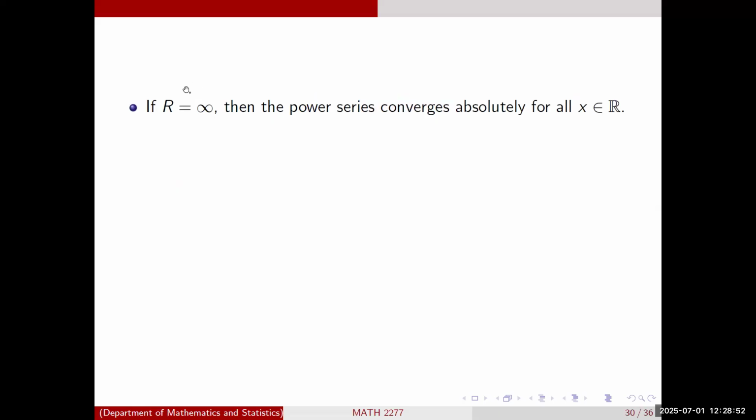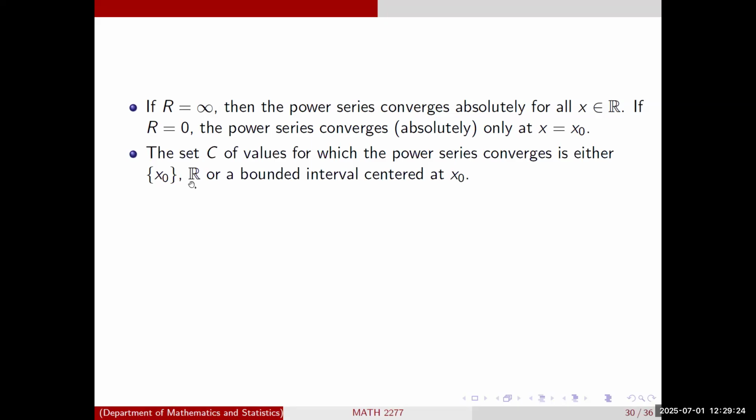Right, so that's discussed over here. If r, which is a limit, works out to be infinity, that doesn't mean you're wrong. Maybe it is infinity. Then the power series converges absolutely for all values of x. If r equals 0, that's the worst case scenario: the power series converges, absolutely, it doesn't matter because it's converging to 0, only at x equal the center.